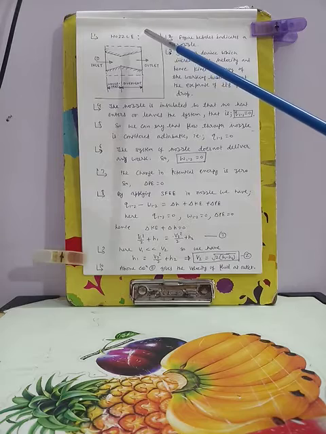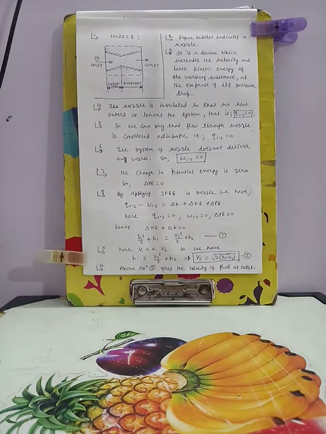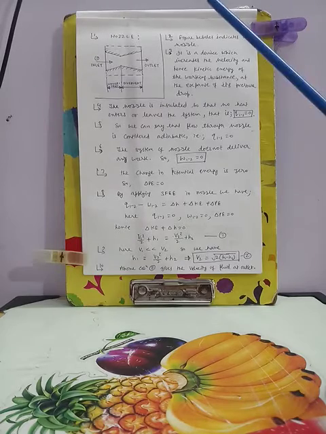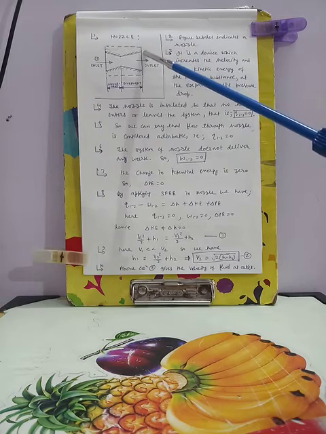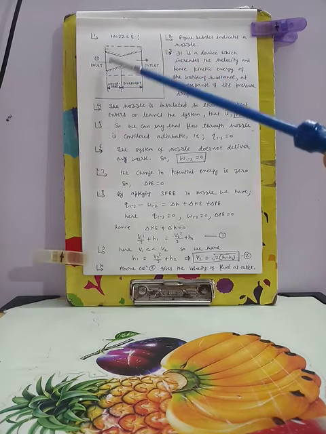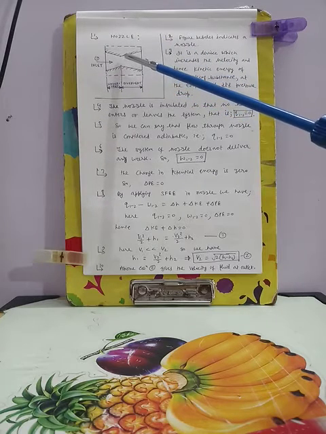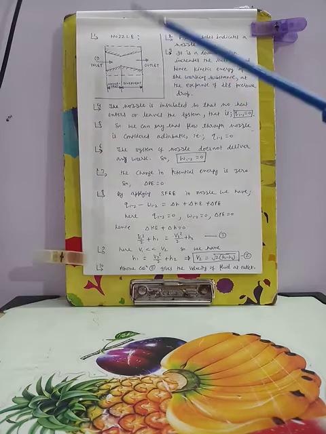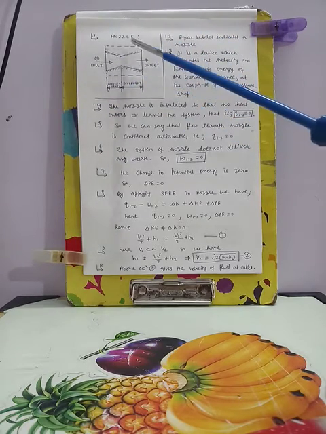So what is the concept in this nozzle related with this steady flow energy equation? This is the system boundary of the nozzle, and it is fully insulated, so there is no heat transfer into or out of the system. This is the inlet of the nozzle and this is the outlet.